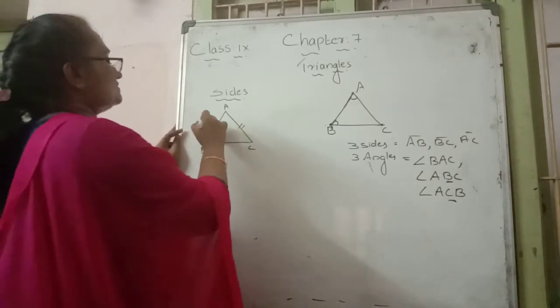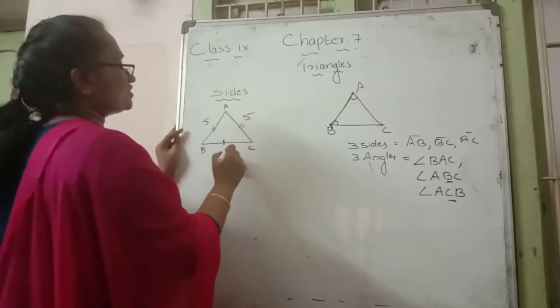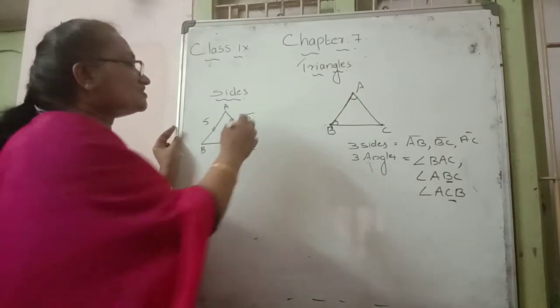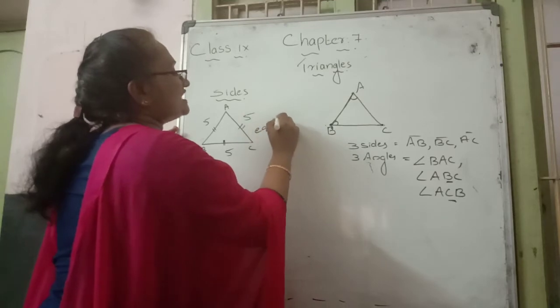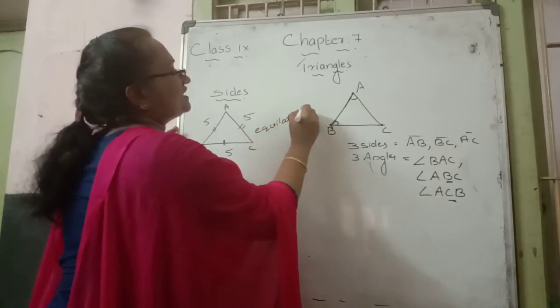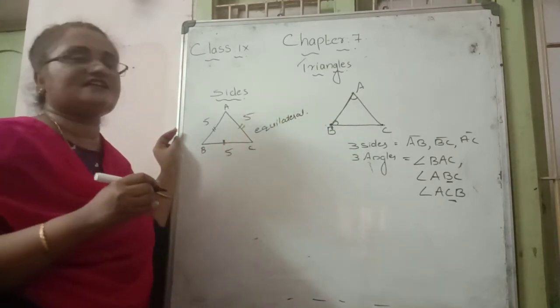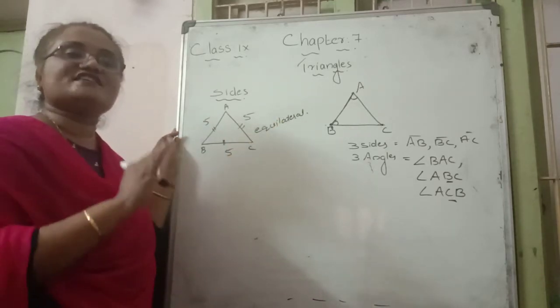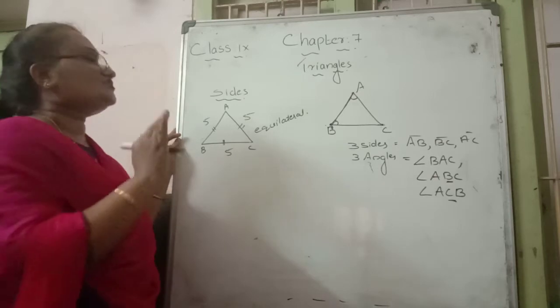Here 5 centimeter, here also 5, here also 5. Such a triangle we call an equilateral triangle. Already you know, you learned that in earlier classes.